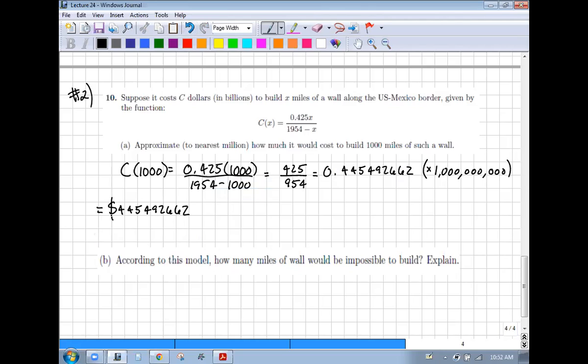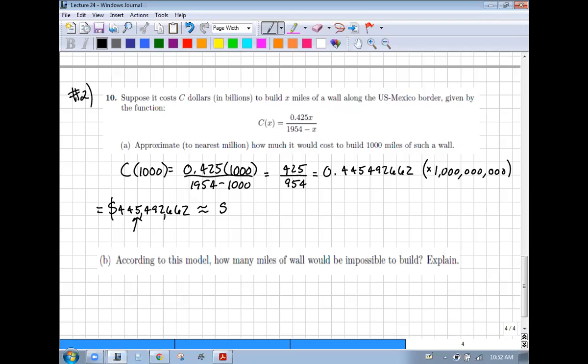So we need dollars here, because this is the cost in dollars. But they want us to round this to the nearest million. So let me put some commas in here. This would be the millions place. Since the next digit is a 4, we leave this 5 alone.